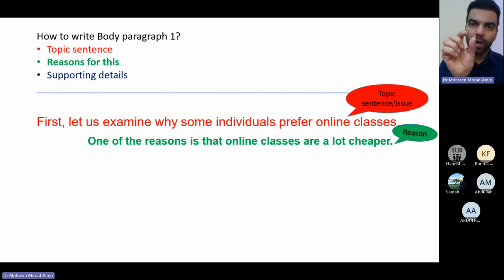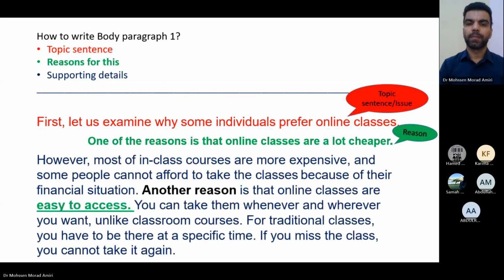You can use even one word, or you can make a sentence, but you should know how to do it. Okay. However, most in-class courses are more expensive, and some people cannot afford to take the classes because of their financial situation.